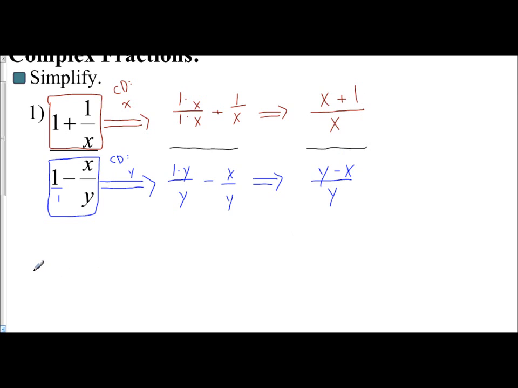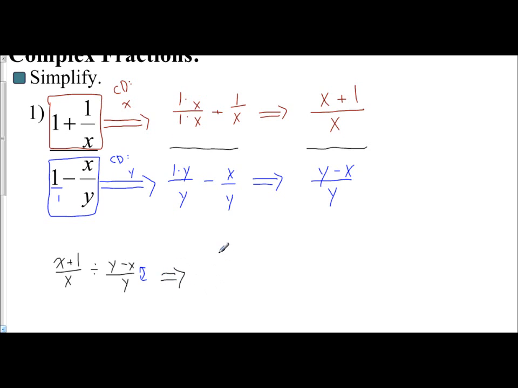Writing it vertically is hard for some people to understand. If you write it horizontally, x plus 1 over x divided by y minus x over y, you see, oh, I'm dividing two fractions. I flip the second fraction and change it to multiplication.